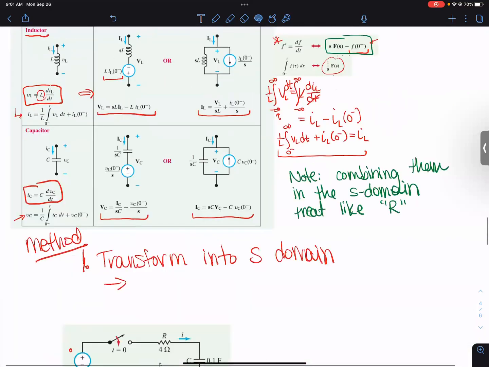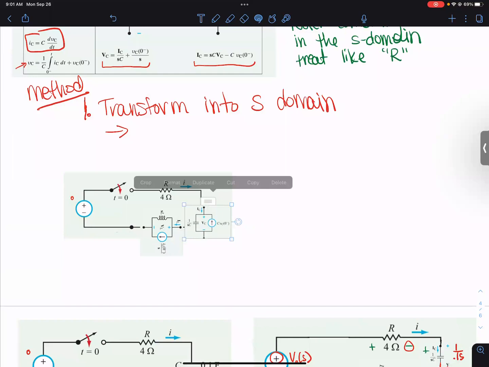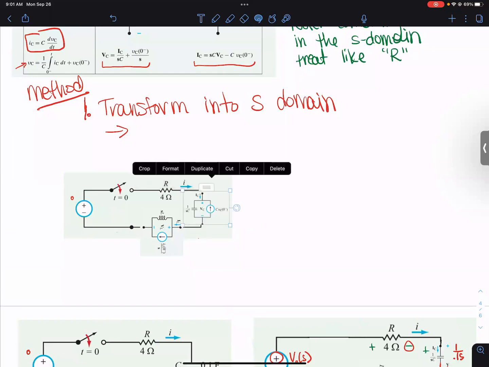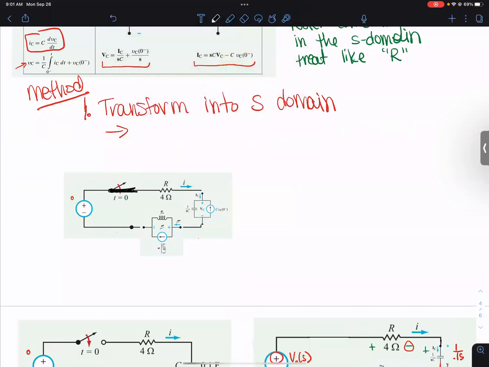It would have just looked just like this if you wanted to do the parallel instead.